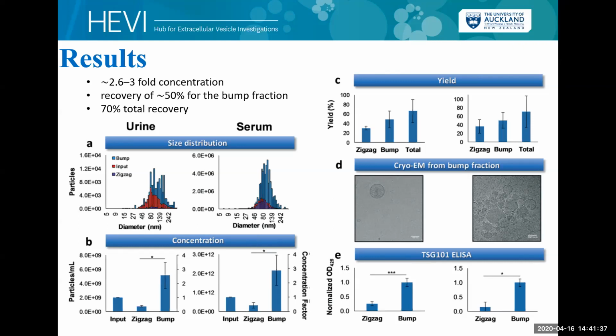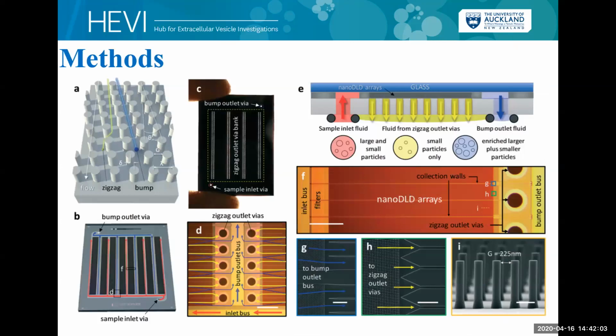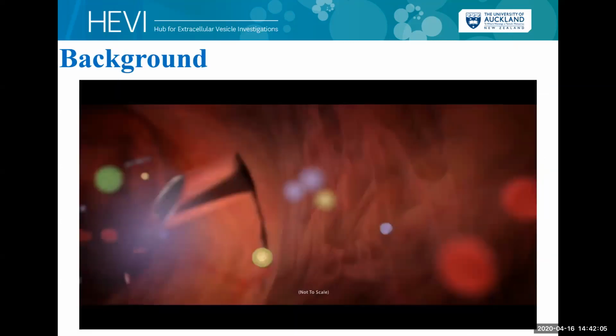Any other questions? No, we don't have anything in the chat. Oh, yes, we do. From Sandy: is it correct that the angle of pillars in each chip changes to change the size of the bump fraction? Yes. There's a critical angle that you can't go past, but all of these different parameters can affect where things go.